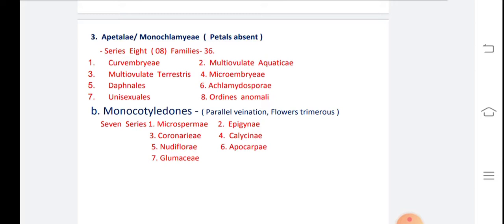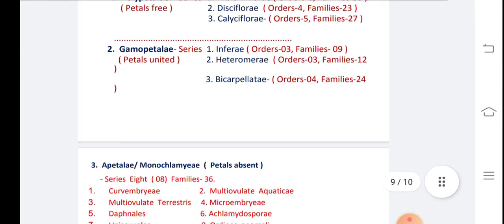The second subclass is Monocotyledons, with parallel venation and trimerous flowers. Trimerous means 3+3. Now I think you know tuberose, there are 6 tepals, 3+3, 3 inside and 3 on the outer side. So here only 7 series are there in monocotyledons. So please remember the classification of dicot.